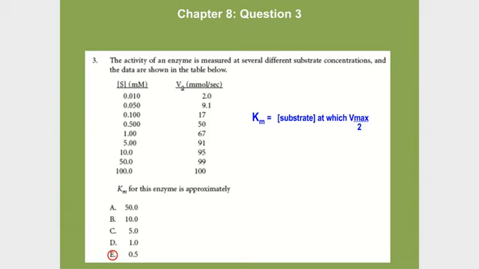The Vmax, therefore, is 100. Because the Km is the substrate concentration at which the velocity is 1/2 the Vmax, 1/2 of 100 is 50. You go straight across from 50 and you find out it's 0.5. So that's why the answer is option E, 0.5 millimolar. It's not a difficult question if you're thinking about the definition of Km.